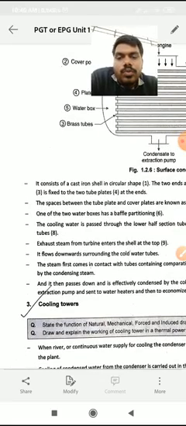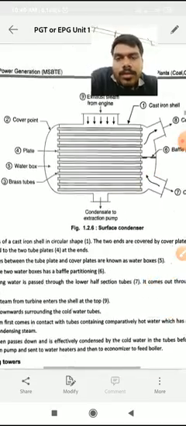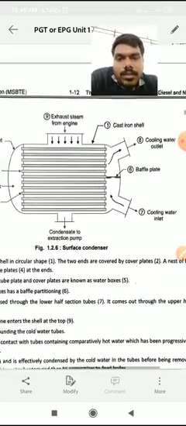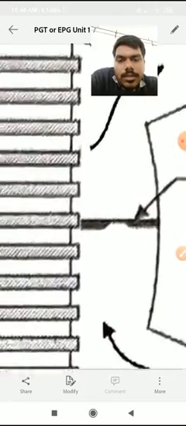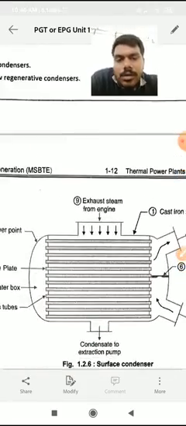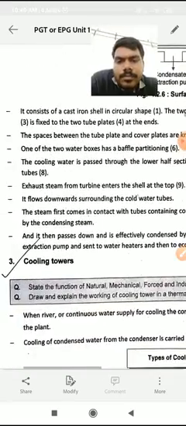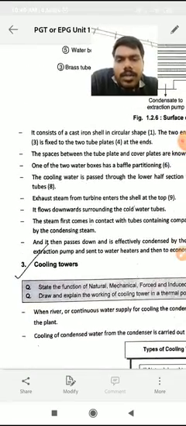One of the two water boxes has baffle partitioning. See, this is the baffle partitioning. The steam flows downward surrounding the cold water tubes.